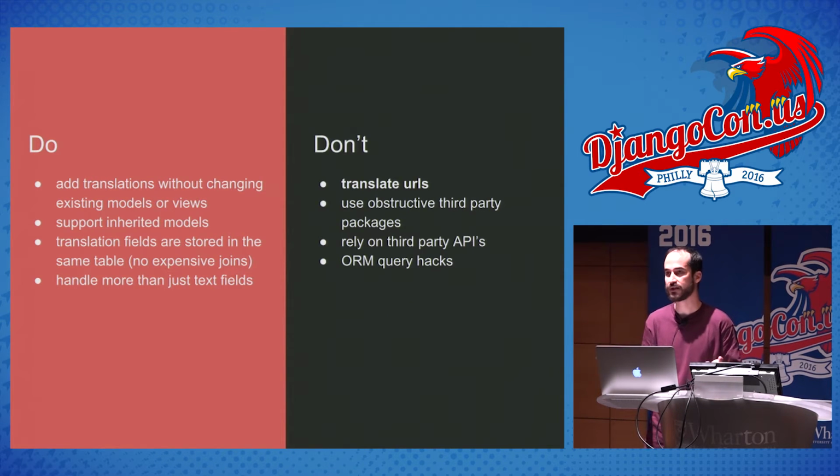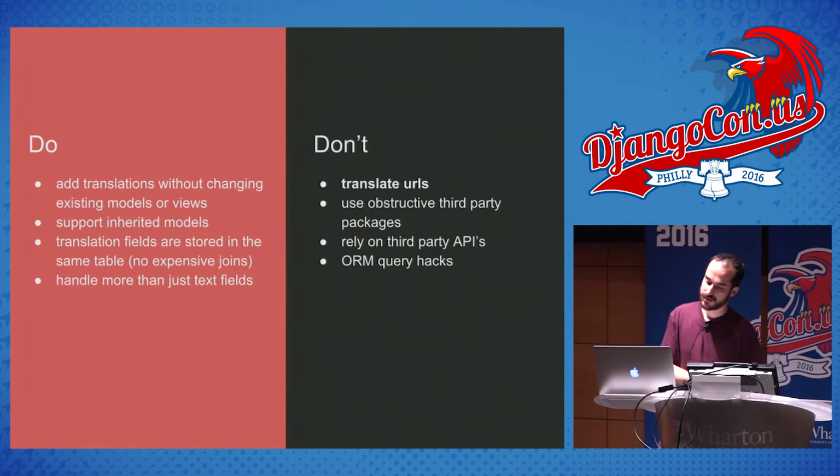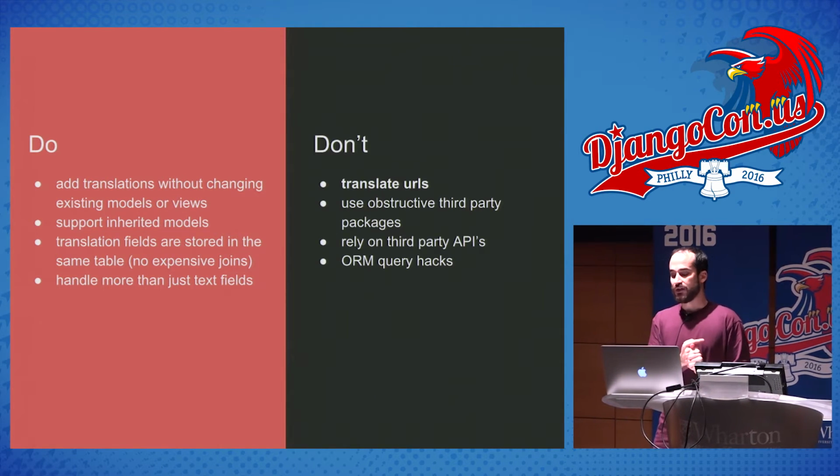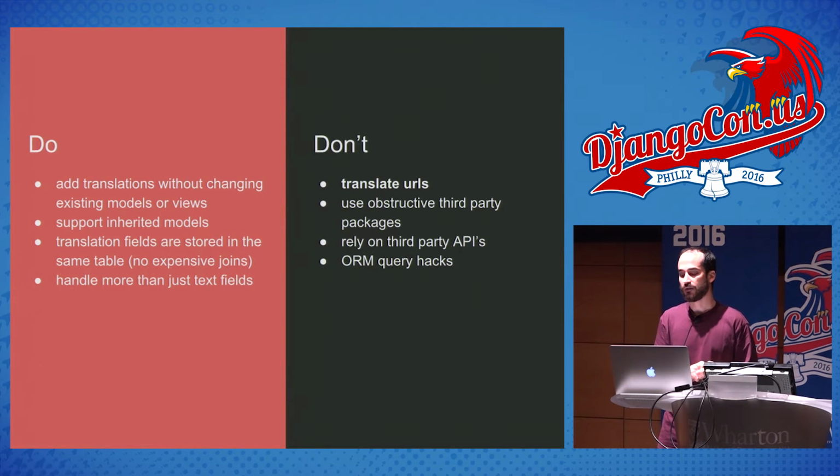Try to reduce complexity as much as you can whenever you can. So in that sense, add a translation approach that does not impact the core of your system. And this means add translations without changing the existing models or views. This will cause less pain if you modify your component that manages the translations in the future.